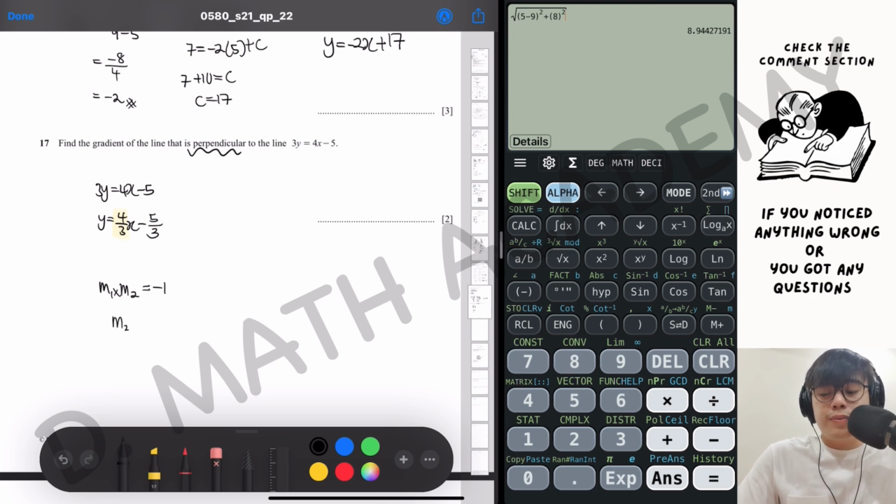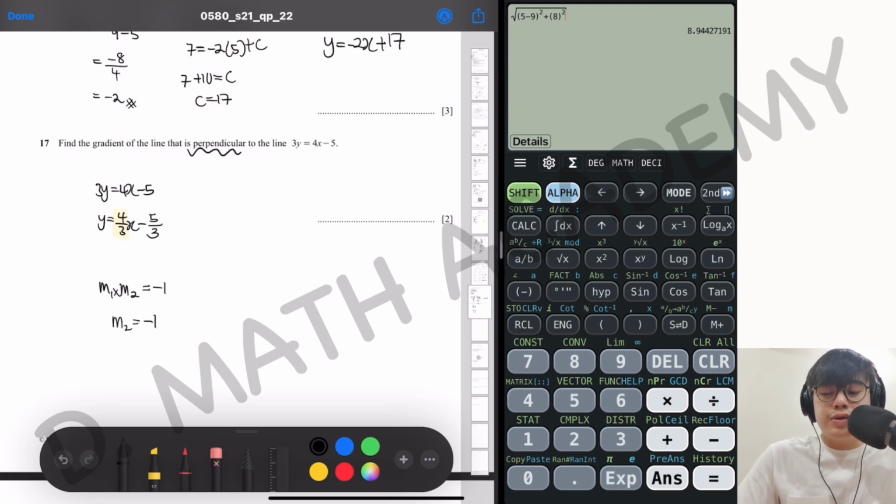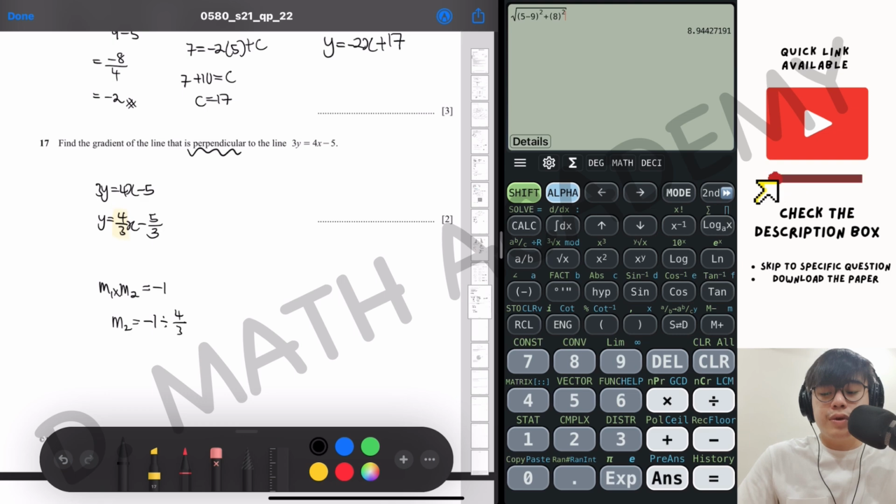So looking for the perpendicular, divide it with 4 over 3. You will get your answer as 3 over 4. And remember, don't miss out on the negative. So final answer, -3 over 4.